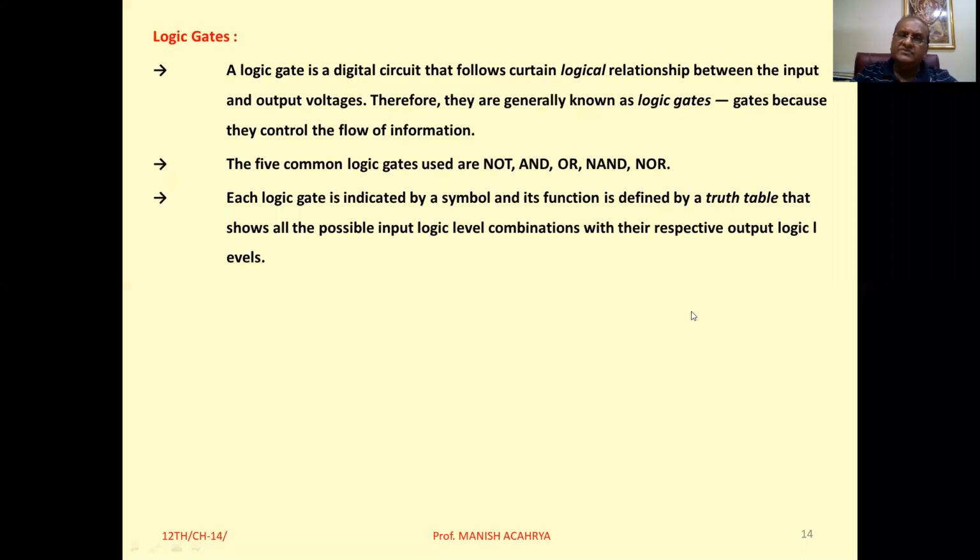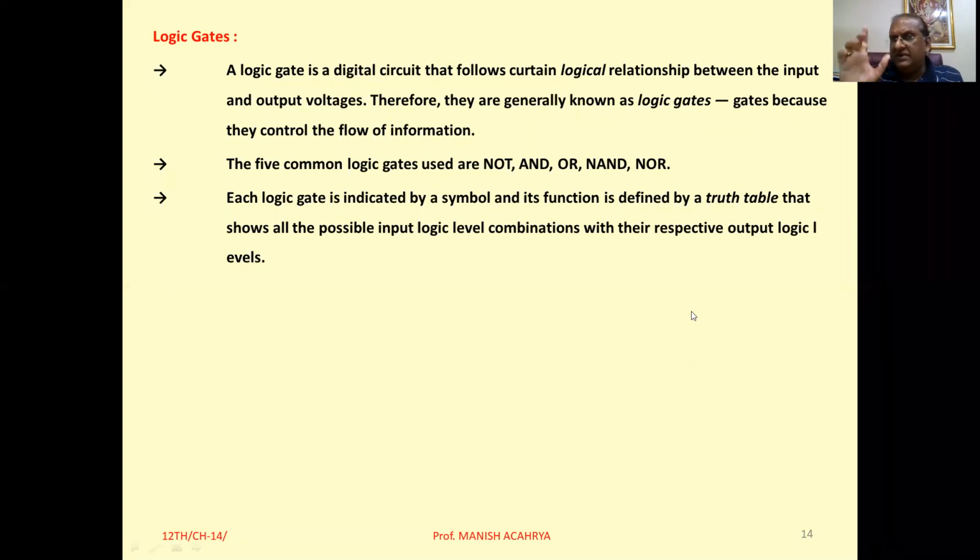There are 5 types of logic gates: NOT, AND, OR, NAND, and NOR. Now see here, for each logic gate we have specific symbols.